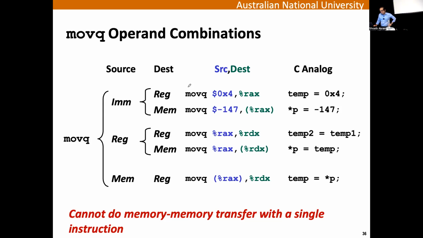So what is missing here? Register memory, yes. Memory register, yes. Memory. Why?